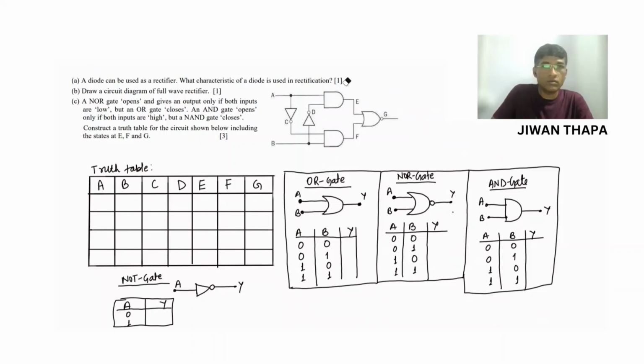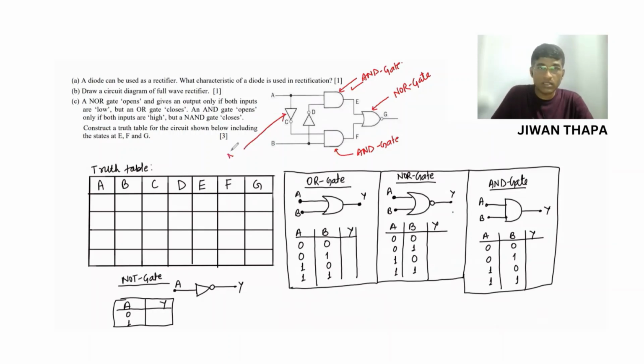Now, let us come to this circuit. We can see this circuit is made from a NOR gate, an AND gate, and NOT gates. This is a NOR gate, this is an AND gate, and this is a NOT gate.